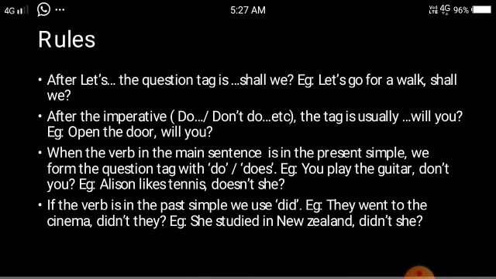Let's go for a walk. Shall we? Let's go to a movie. Shall we? So you're making a suggestion, more than asking. So when you suggest something, when you use let's, then the question tag will be shall we.